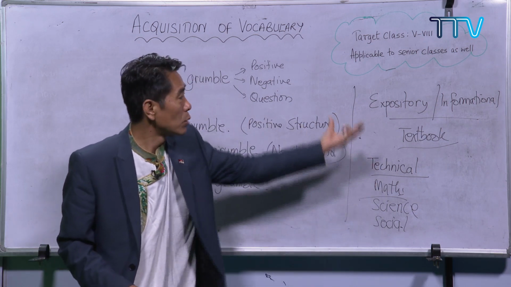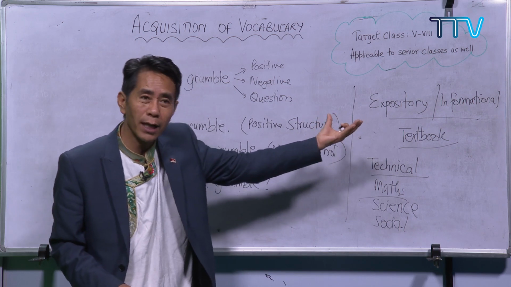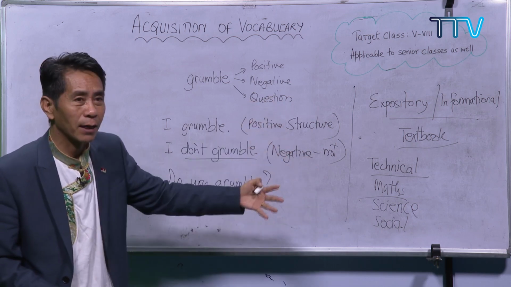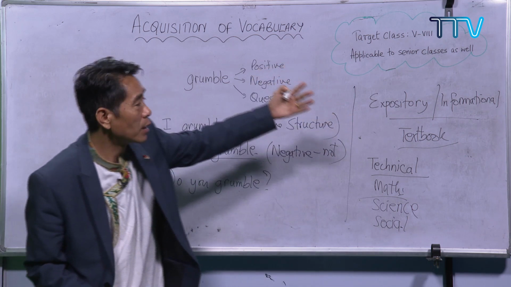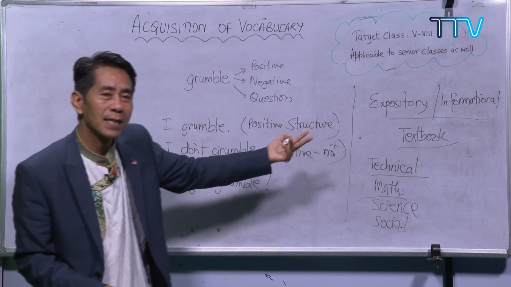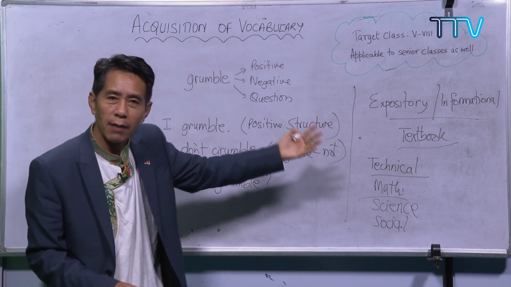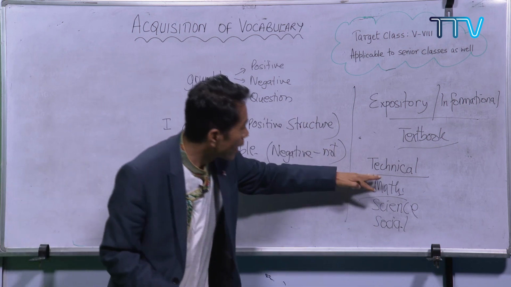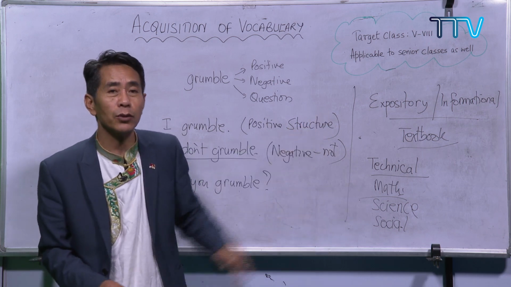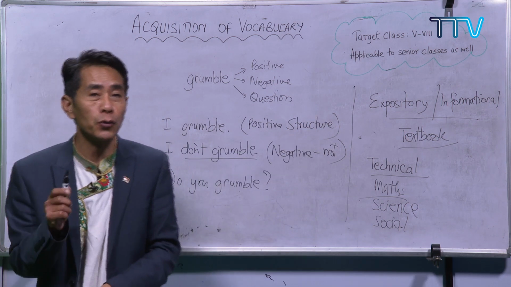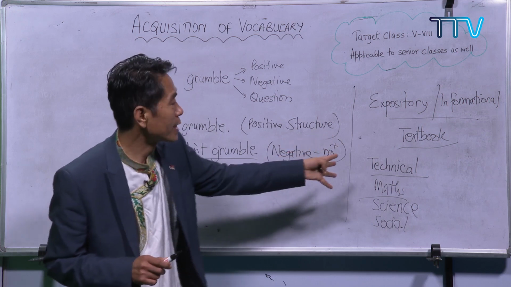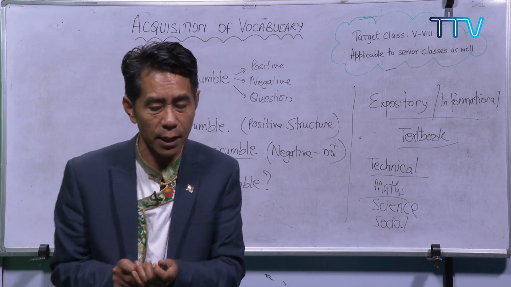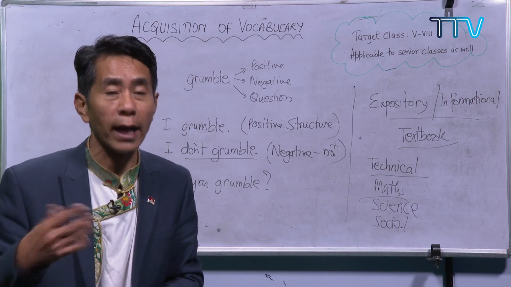All these textbooks have an expository structure. We have already learned the 4 types of expository writing, how the information is displayed: compare and contrast, cause and effect, problem and solution, all these things. And then there are some technical words related to these subjects. So it's very important for you to learn the technical words related to each and every subject. So that is also related to your vocabulary building.